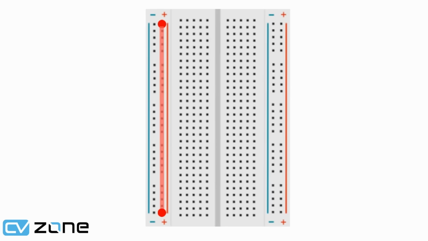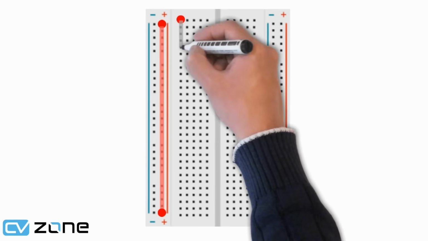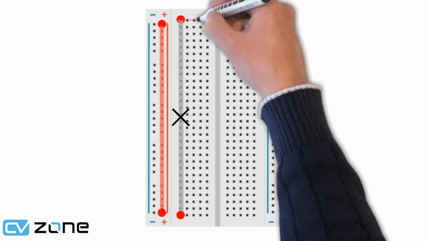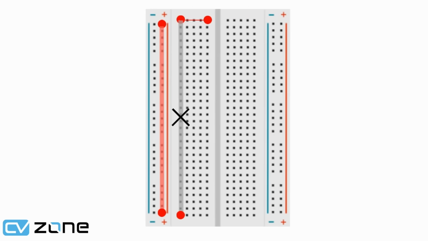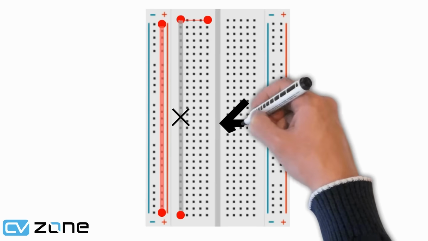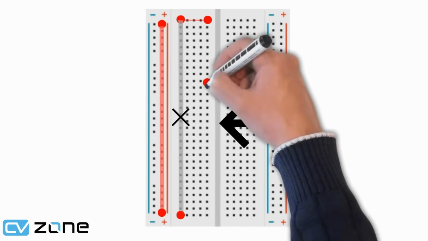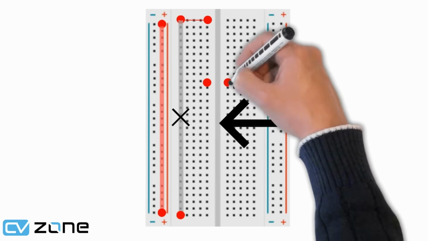Whereas in the component pins, this pin at the top is not connected to this pin at the bottom. Instead, this point is connected to the horizontal point here in the same line. The space in the center indicates the breaking point. This means that this point here is not connected to this pin here.